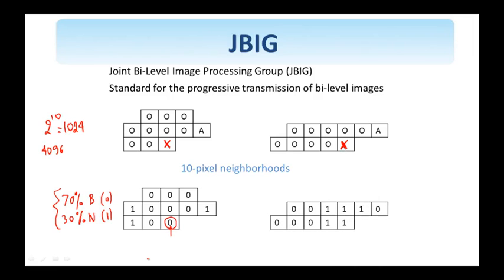Similarly, if this were the situation of the neighborhood, in encoding the value of 1 here, in this particular case, 60% of the pixels are black and 40% white. So an arithmetic coder utilizing these probabilities will be utilized in encoding this particular pixel value.